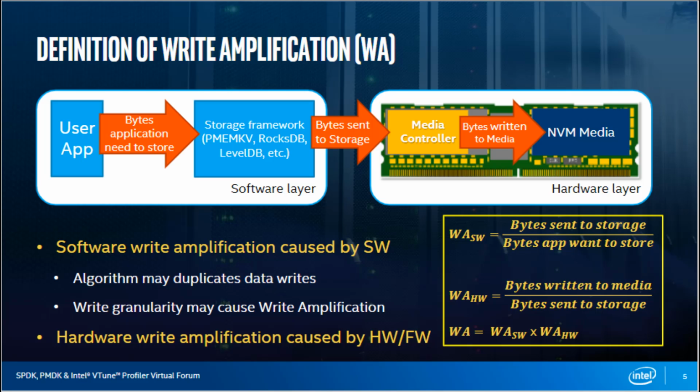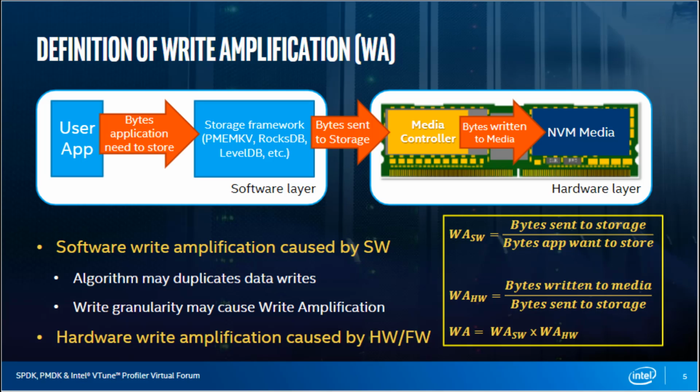Write amplification happens when the user application wants to store some amount of bytes, but internally the storage framework might do some transformation. We might do fine-grain changes which are smaller than the granularity size of the device. For example, for SSDs it's a block size, which is usually significantly bigger than the cache line size.